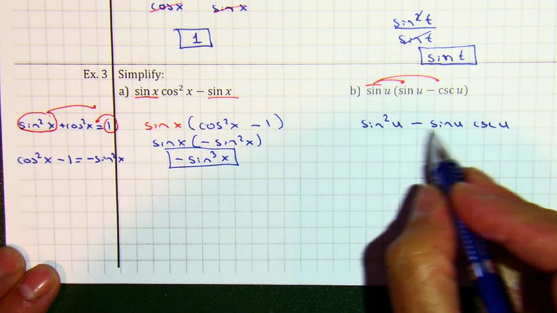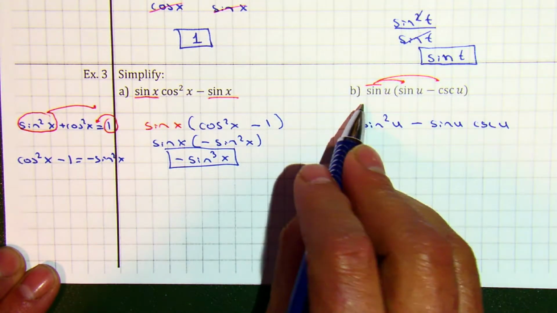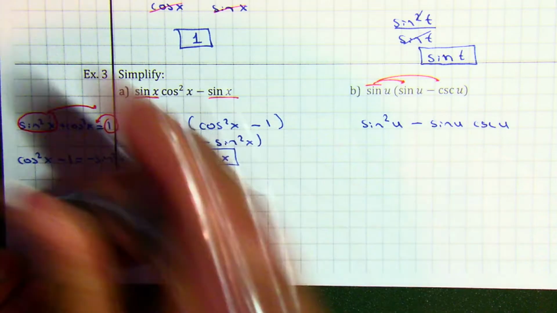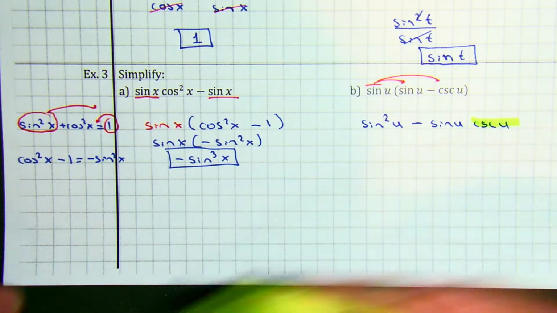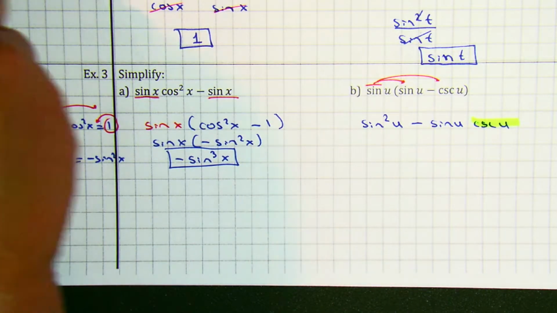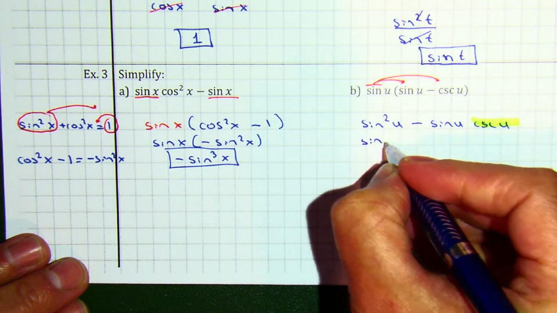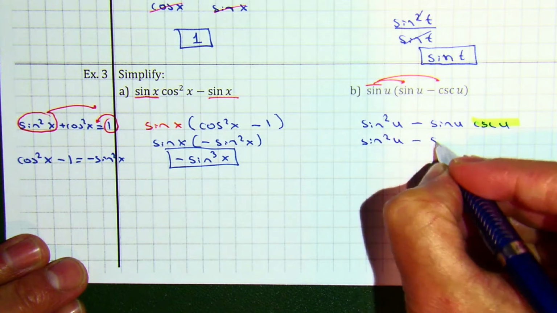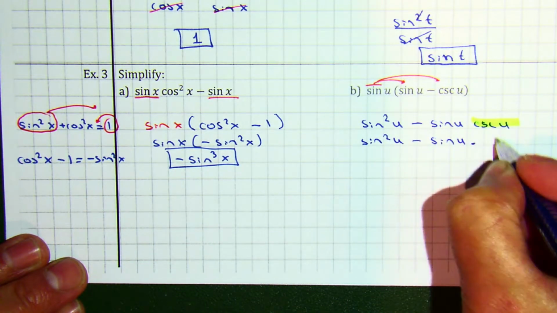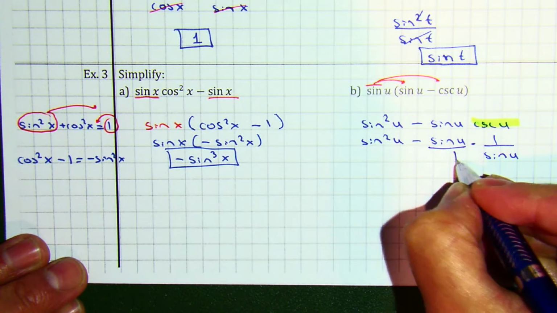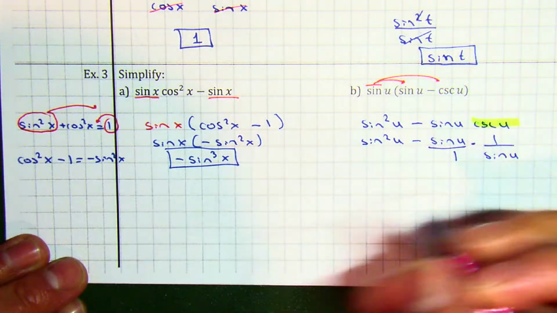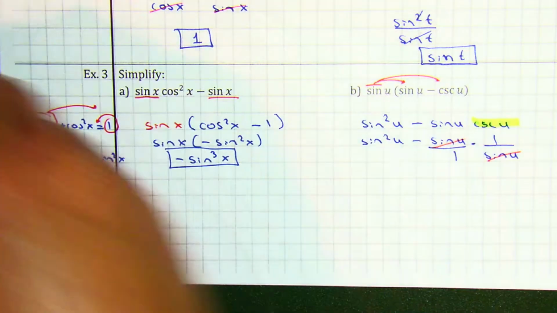Now, we don't want to factor it out because that way we end up with what we had before. But we can change everything to sine and cosine, and I can change my cosecant to 1 over sine because that's the reciprocal of sine. Remember, I'm going to place this over 1. And the signs cancel each other out.